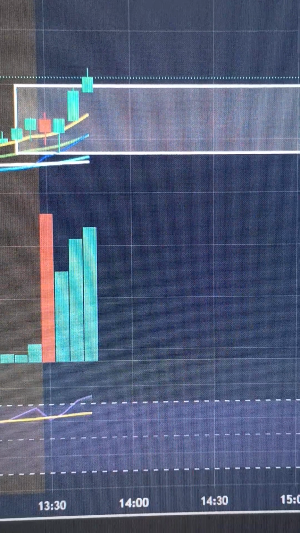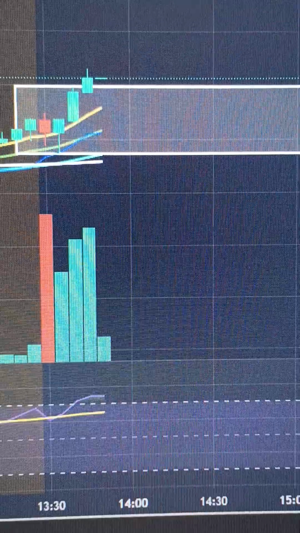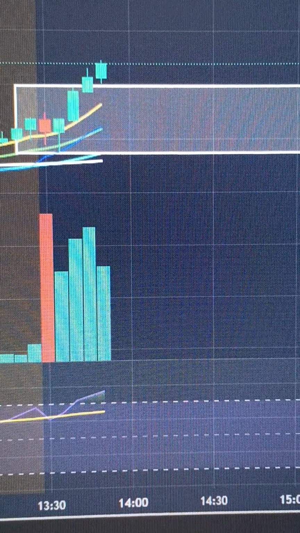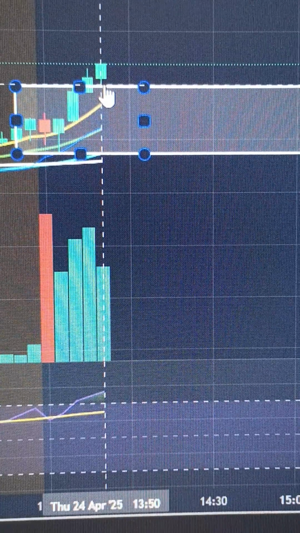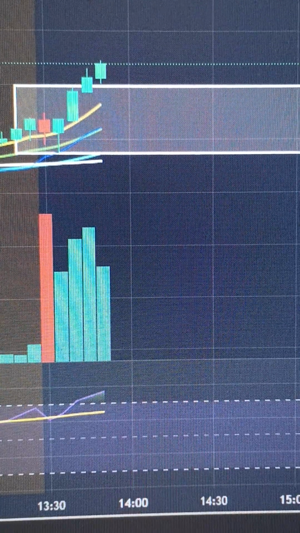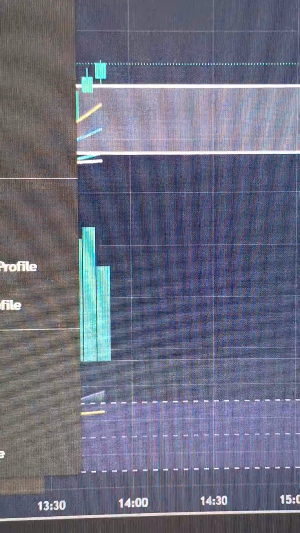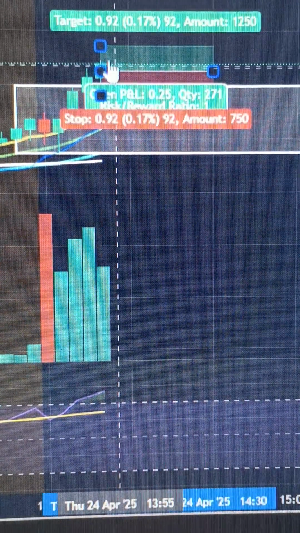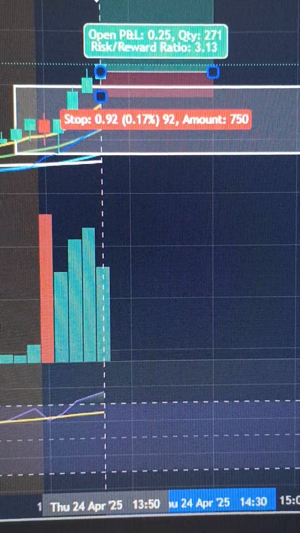Now let's see what happens. We get the retest of the range here. On the next candle, we get the retest. That's our entry to go long, meaning we'll make money if the stock goes up.